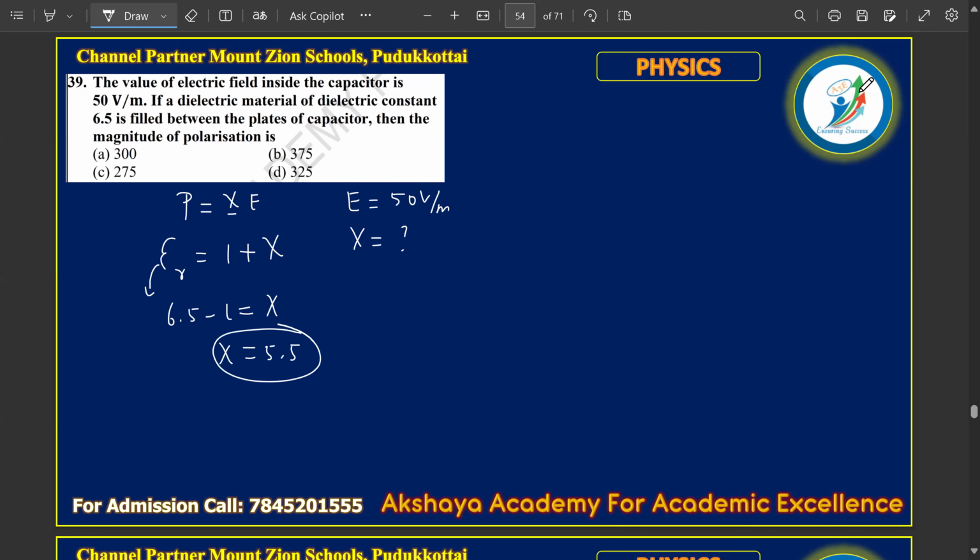Now we know psi and E, so polarization P is psi into E, which is 5.5 into 50. We get 275. So the polarization value is 275. The correct answer for question number 39 is option C.